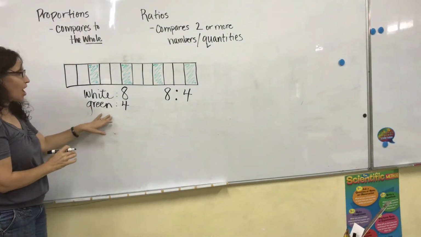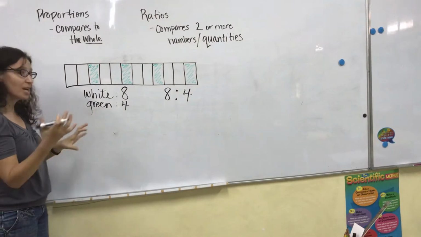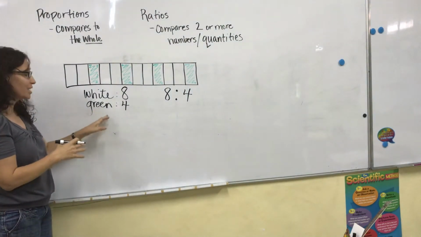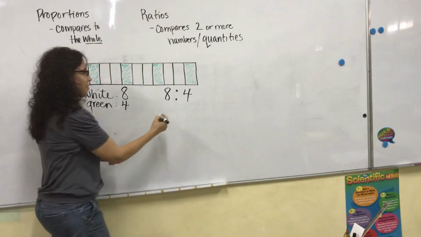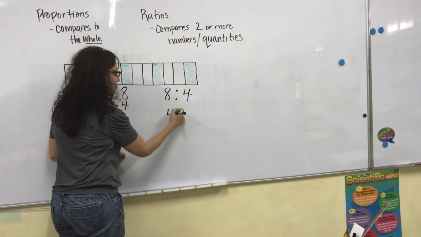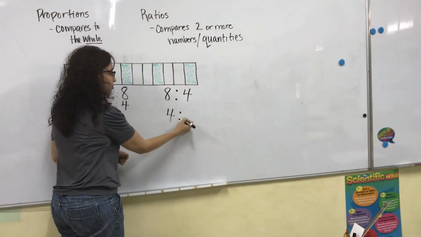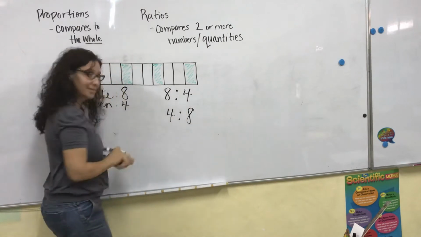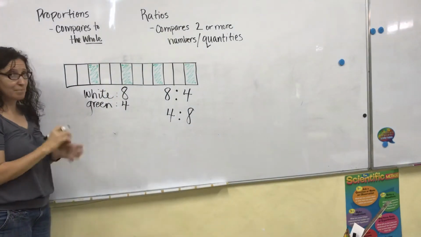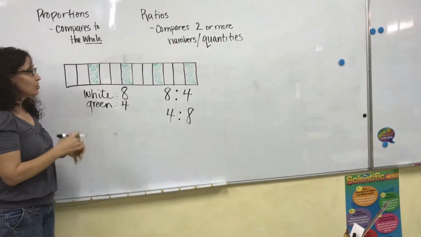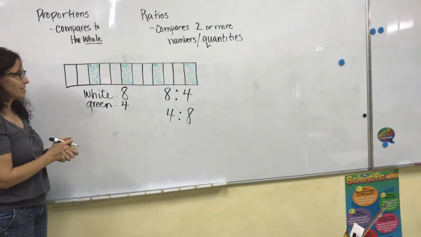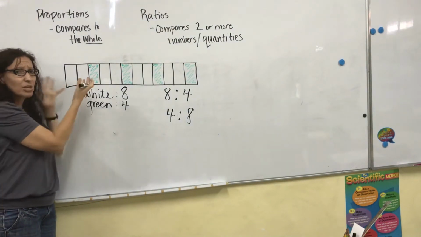Now if I wanted to do the other ratio, green to white, I would write 4 greens to every 8 white boxes. Okay? So what does this mean for us? 8 to 4. That only works with this one.